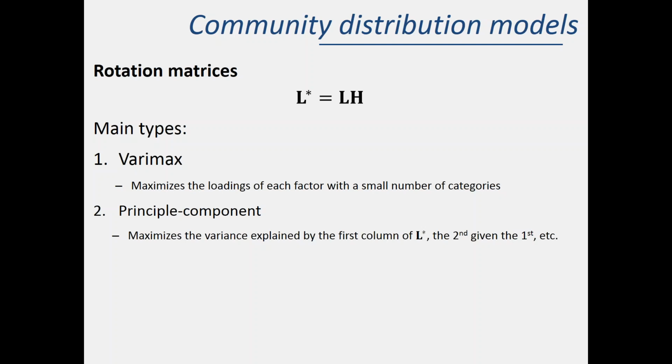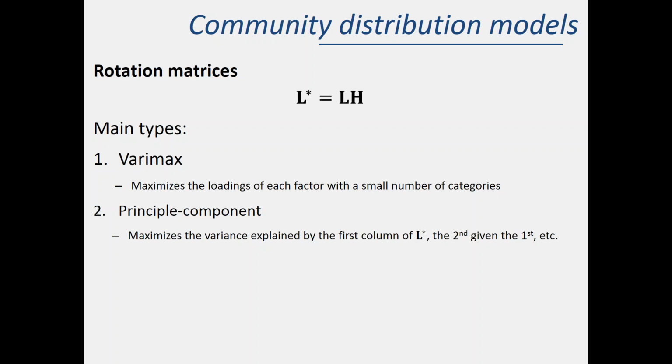And so Varimax is one that maximizes the loadings of each factor with a small number of categories. So if you want to say factor 1 is associated with splitnose and sharpchin rockfish, and factor 2 is associated with canary and darkblotched rockfish, and not with any other species.